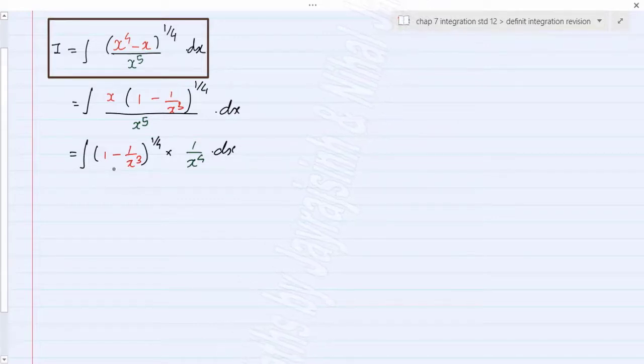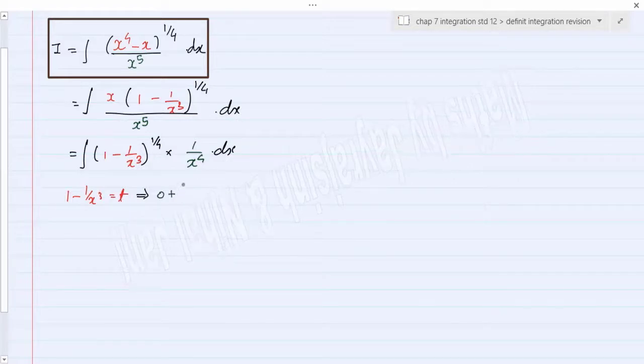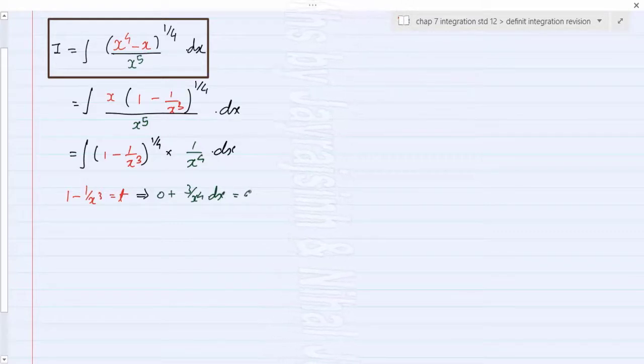Now, it is preferable that we assume 1 minus 1 upon x cube is equal to t. So, if we differentiate both the sides, we will get 0 plus 3 upon x raised to 4 dx is equal to dt.